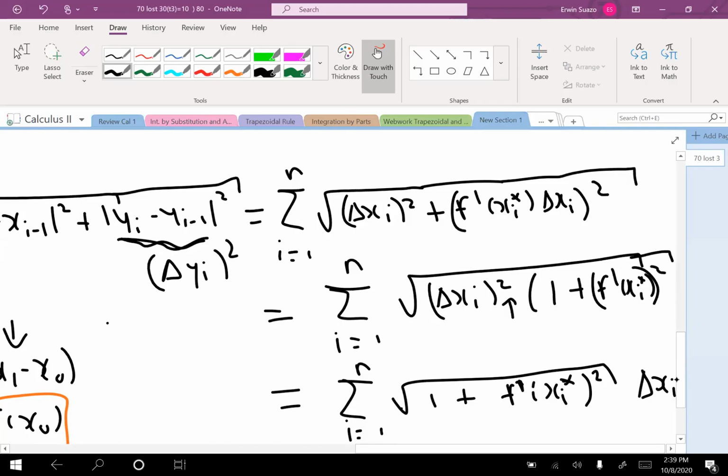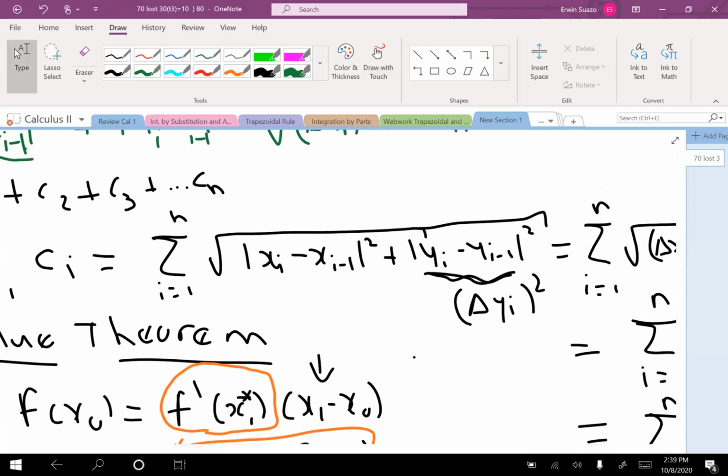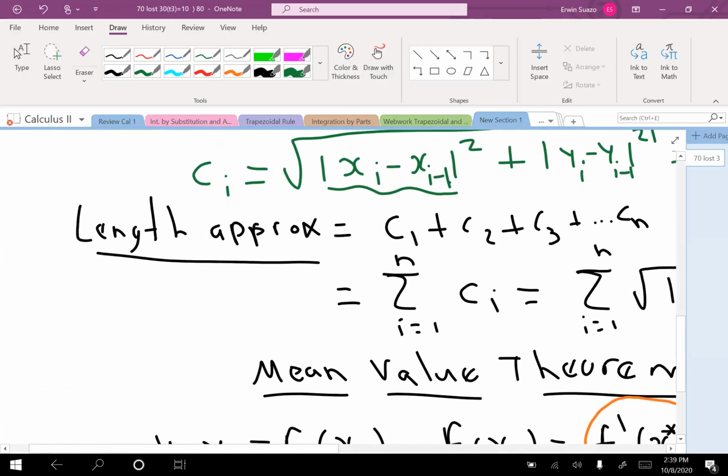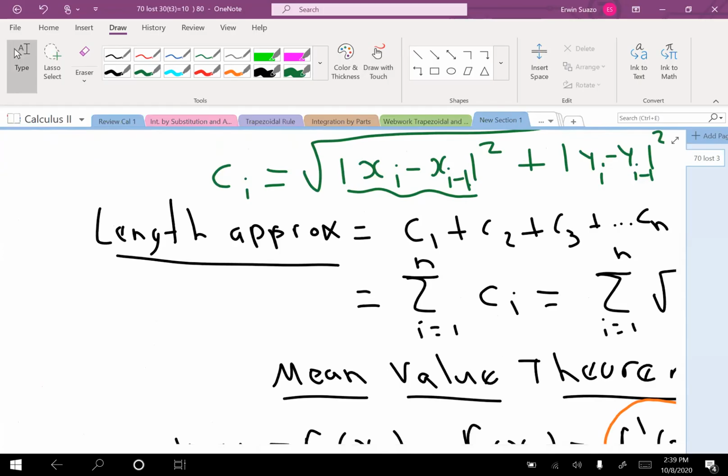You see? Now we take limits on both sides. When you take the limit, you are making your rectangles infinitesimal. So when I take the limit as n goes to infinity, your rectangles are going to be really small.